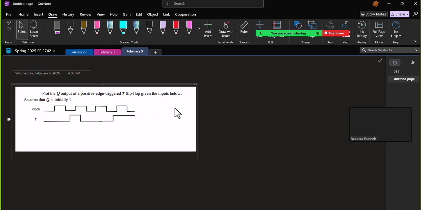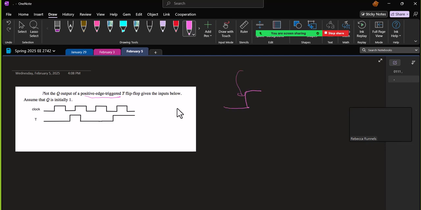Positive edge-triggered means it only changes when the clock goes from 0 to 1. That's the only time you get a change.